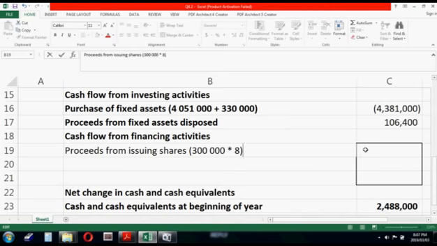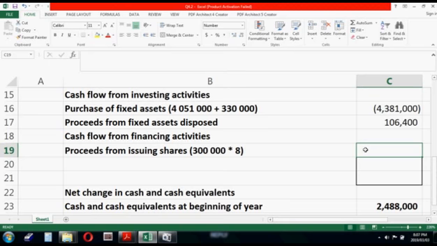So that should give us an inflow of 2,400,000 Rand.